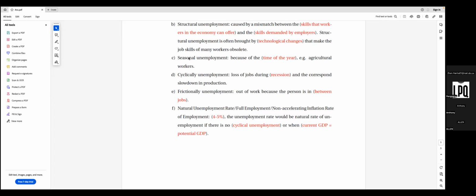Number D is called cyclical unemployment. With cyclical unemployment, you lose your job, but it isn't due to your fault. You have skills, you have qualifications, you have everything, but you lose your job just due to the poor economy. The key word is really the poor economy.